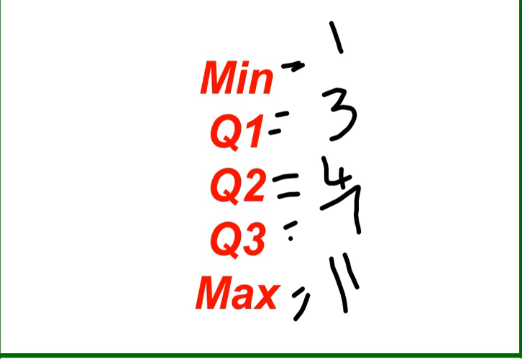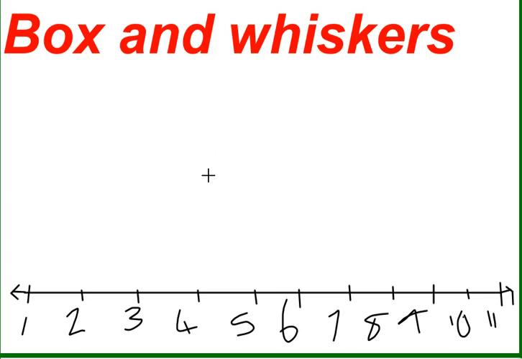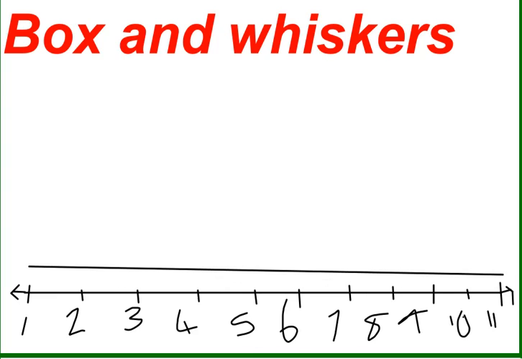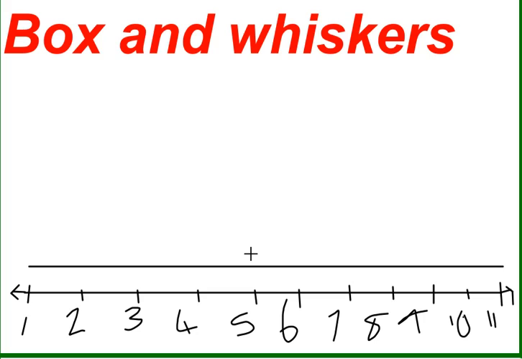And then we plot our minimum, Q1, Q2, Q3, and maximum this way. So this is very important. The box and whisker should never touch the number line. So there should always be a small space between the number line and your box and whiskers.